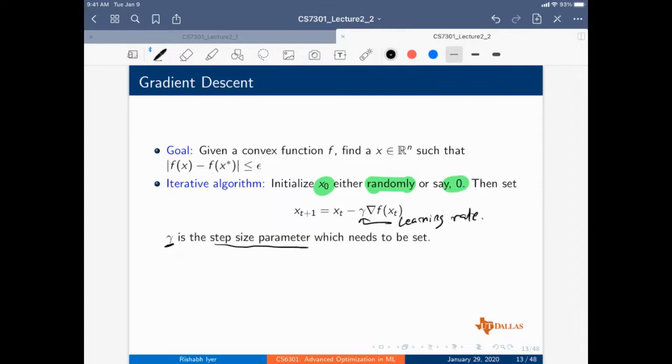Again, this is also called batch or full gradient descent, to differentiate it from what is used in machine learning as stochastic gradient descent. We will talk about stochastic gradient descent variants, but we won't be analyzing it right now. Right now we'll be focusing on and assuming that we have access to the full gradient.